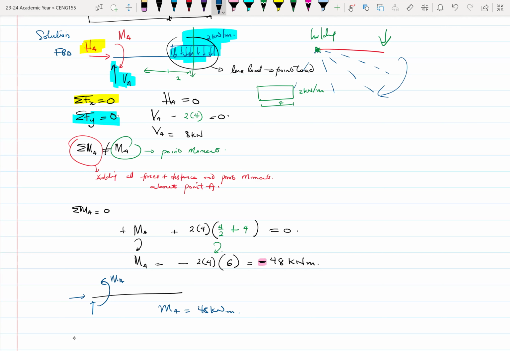So, Elvis, I've been trying to answer the question on the direction of the point moment. It doesn't really matter. You can choose it to be clockwise or anti-clockwise. It's up to you. And it's the reason why we need a free body diagram. The free body diagram will tell me what direction you chose your reaction moment at A to be.